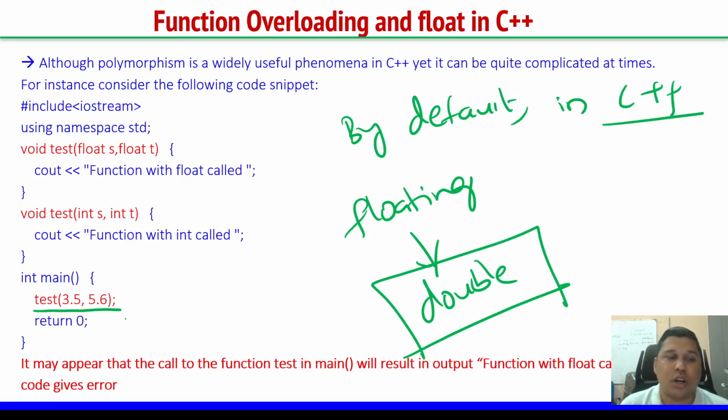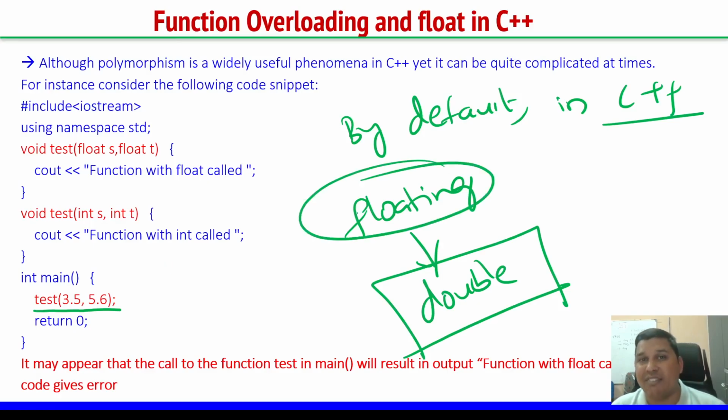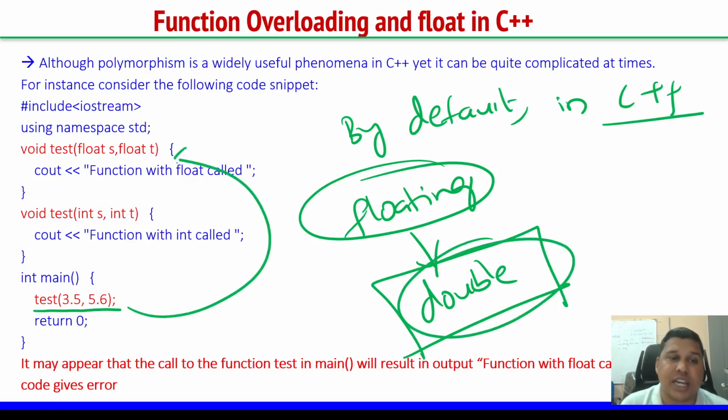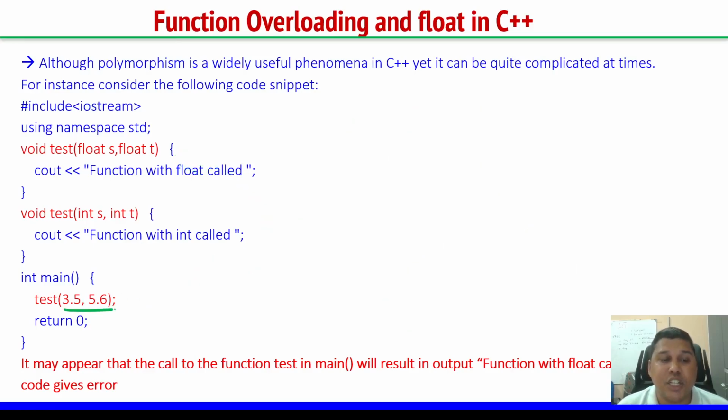When you are passing values as floating point numbers, they are implicitly converted into the double data type and then passed here. So these two, 3.5 and 5.6, will be converted to double, and it is like double x comma double y.